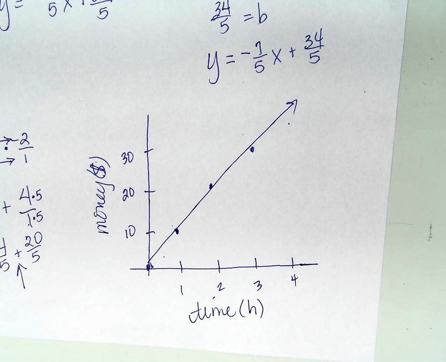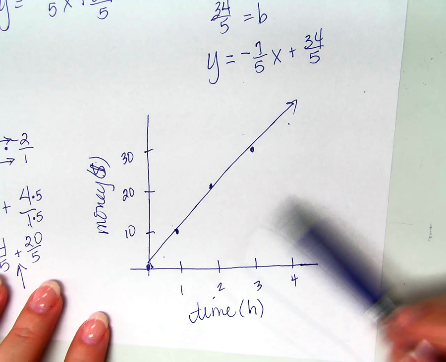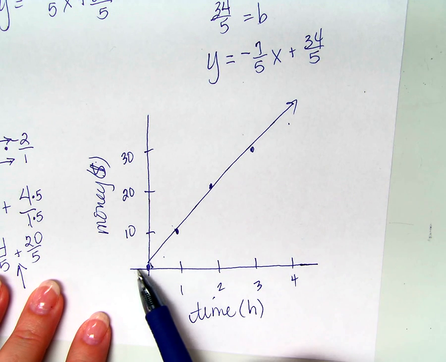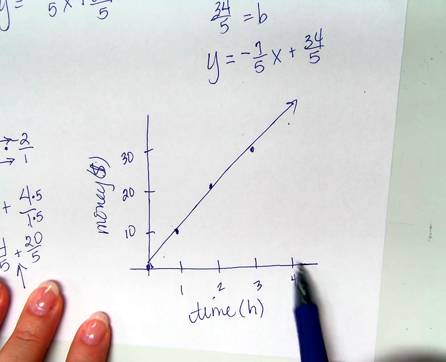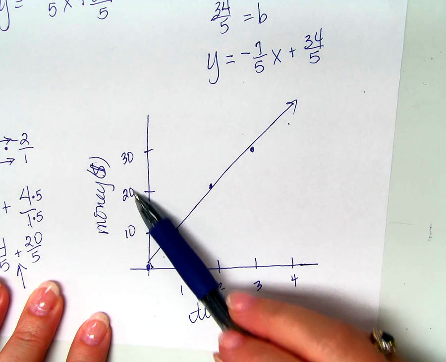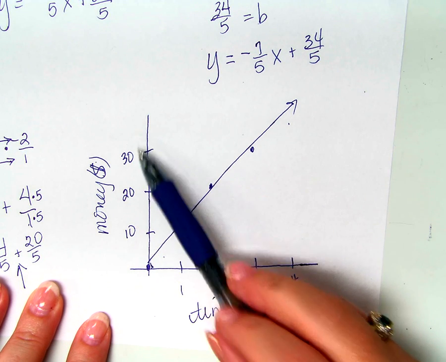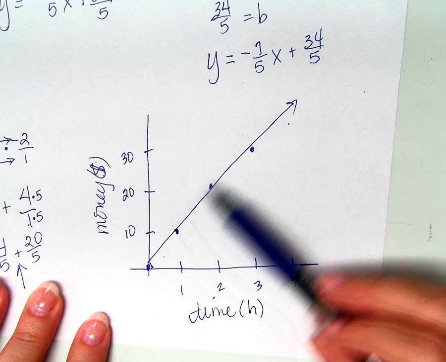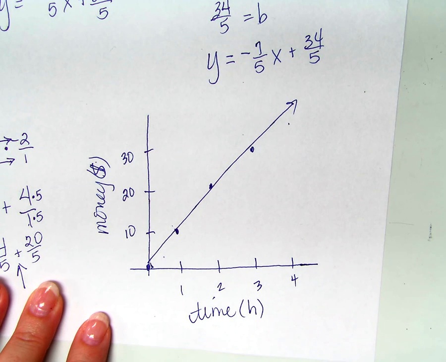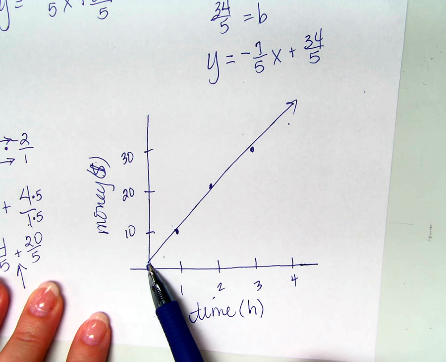10 over 1, 10. So interpreting the slope means I look at this and think, well, first of all, as time is increasing, as time is passing, what's happening with the money? It's increasing, isn't it? So the whole line overall is increasing, right? But I can get way more specific than that.